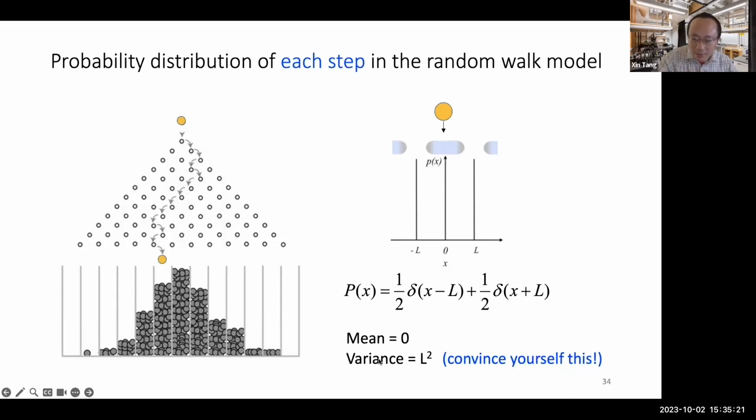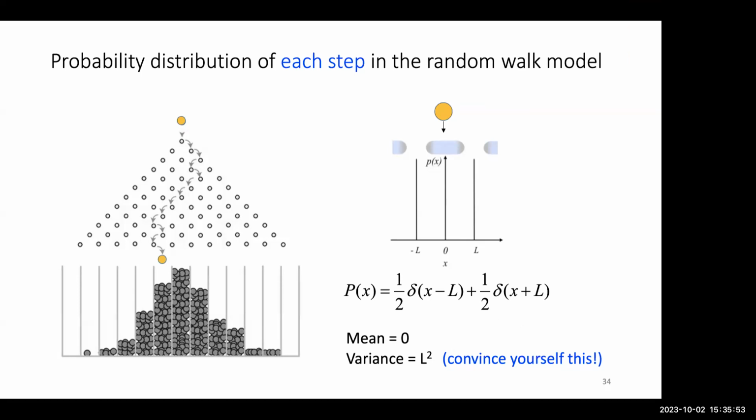If you calculate the variance, the variance actually equals L squared, because now it's not the whole distribution, it is surrounding the mean 0. So the positive is L, negative is L, right? So you will find that the variance equals L squared. Those can be calculated using this distribution function. Okay. Now, do you guys follow me?